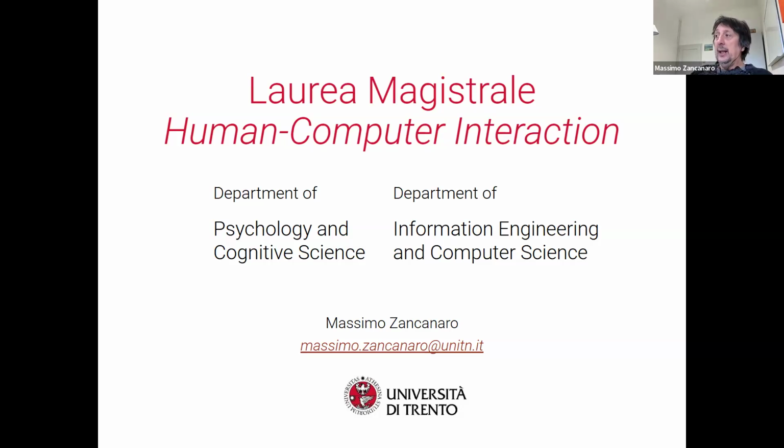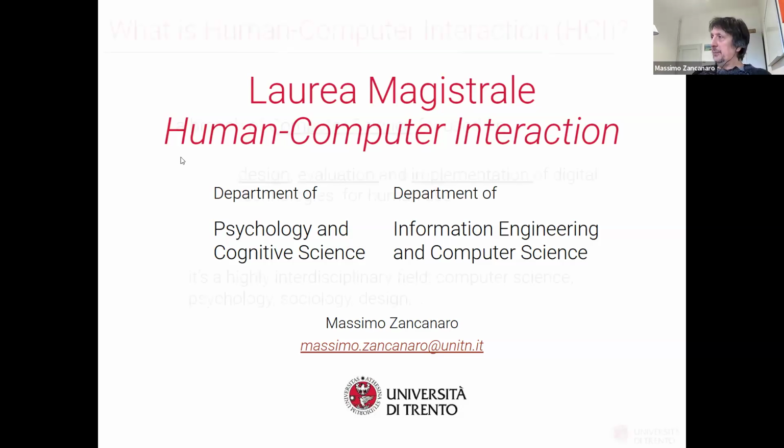So, this master course is offered between two departments at the University of Trento, the Department of Psychology and Cognitive Science, which is the main proponent of this course, and the Department of Information Engineering and Computer Science.